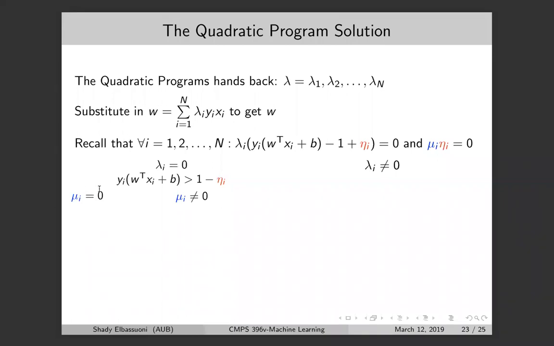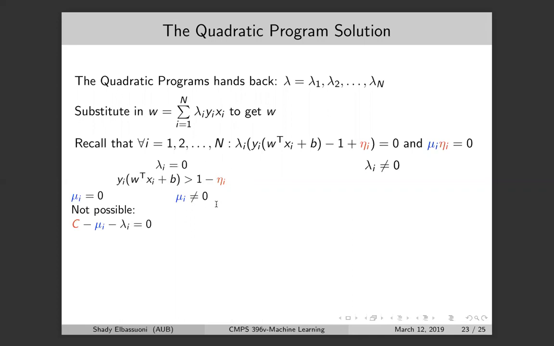If mu I is equal to 0, what does this tell me? It's not possible. Why? Because C is equal to mu I plus lambda I, and C is greater than 0. I'm not going to set C to a value equal to 0. So basically, I cannot get that mu I and lambda I are both equal to 0. It's a positive value, C.